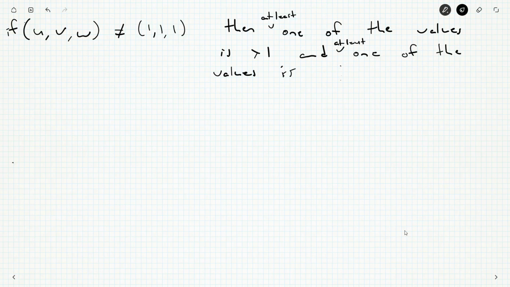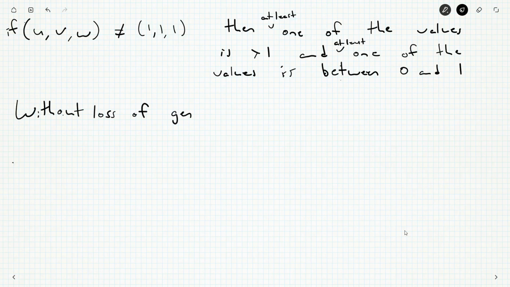So let's say one is between 0 and 1. So at least one value is bigger than 1, at least one has to be between 0 and 1. Because all these values are positive. Okay. So let's be really mathematical sounding and say, without loss of generality, which basically means we're going to make this choice, but it doesn't matter because it's just a name.